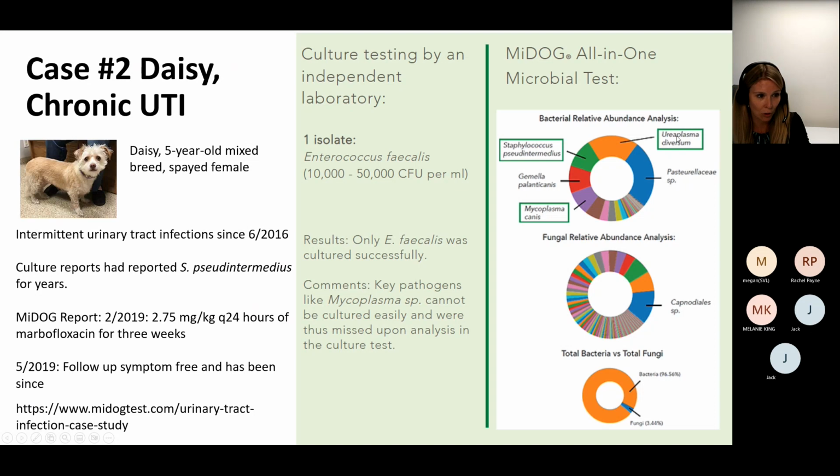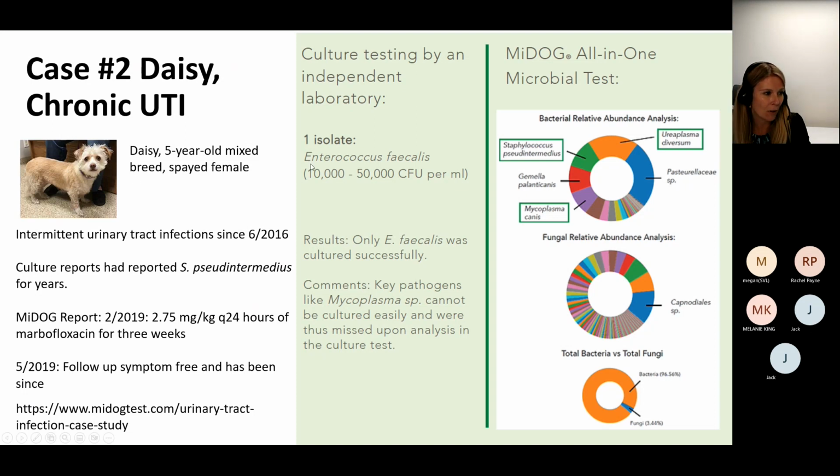Based on those Ureaplasma and Mycoplasma, her vet then changed the antibiotics to marbofloxacin, and she has been clear since then. And that was in 2019. We still follow her case, and she has not had a recurring UTI since then.